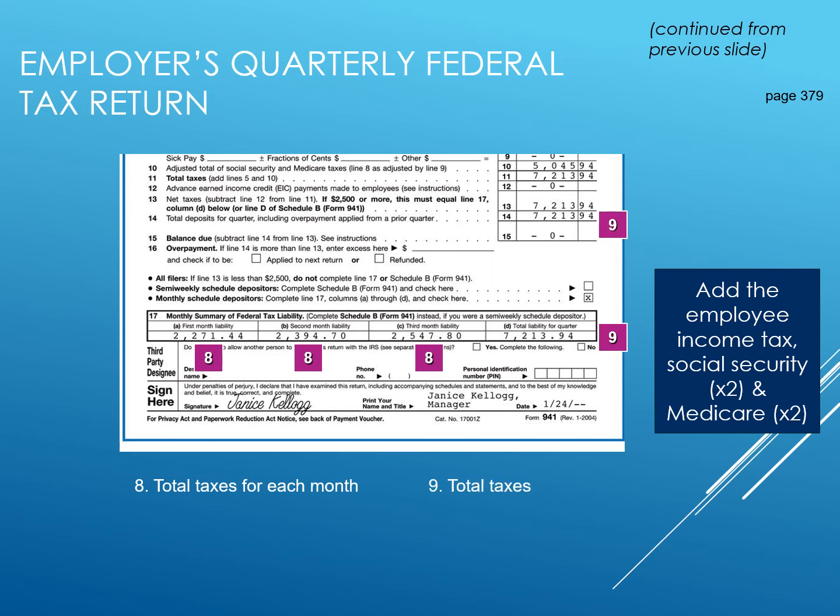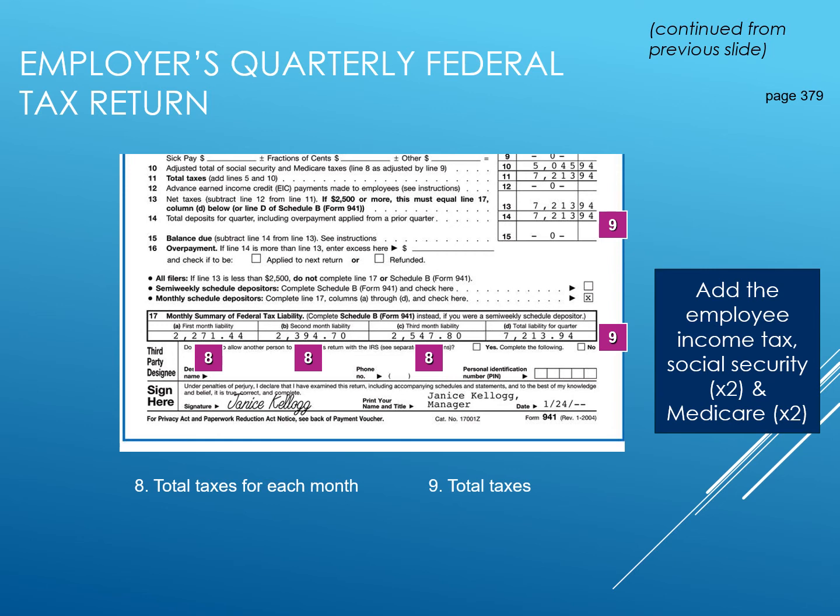Then in the last column of the table on line 17, we add up our totals for columns 1, 2, and 3. Then we are going to compare the total in column D with the total on line 13.